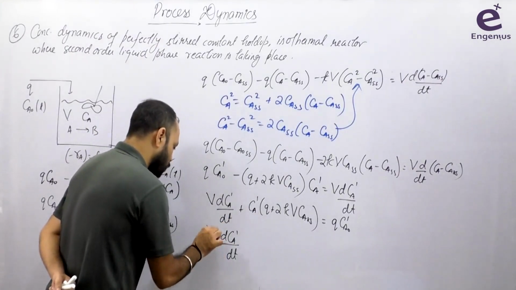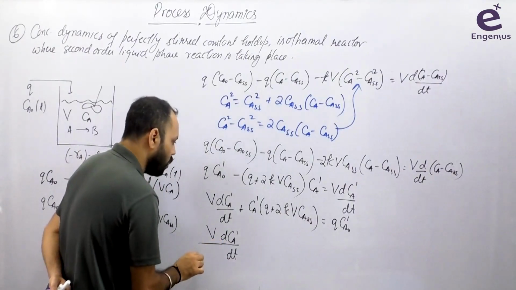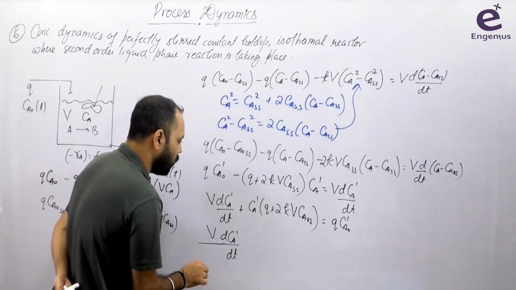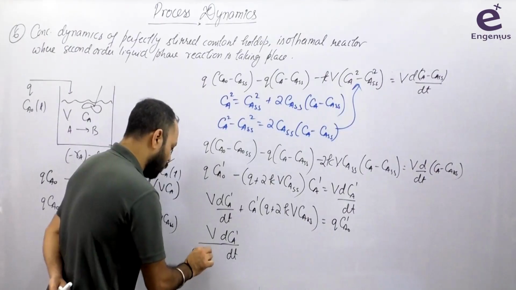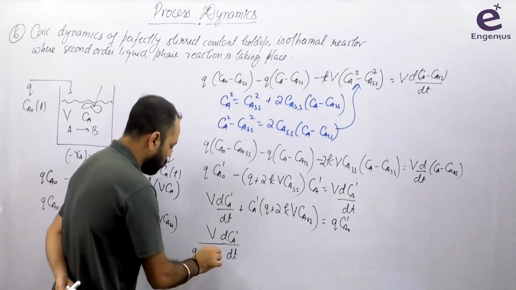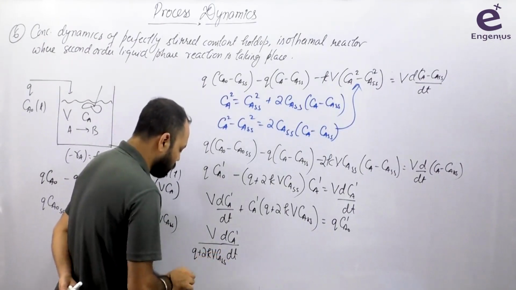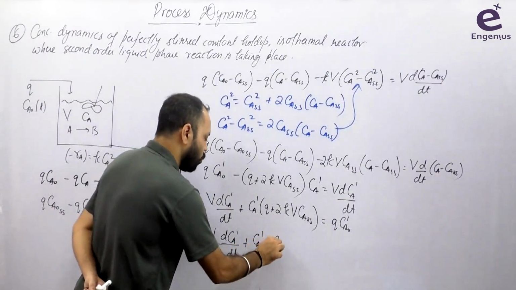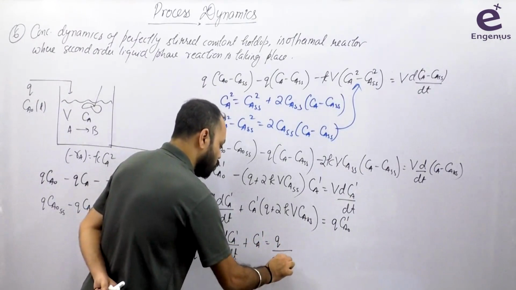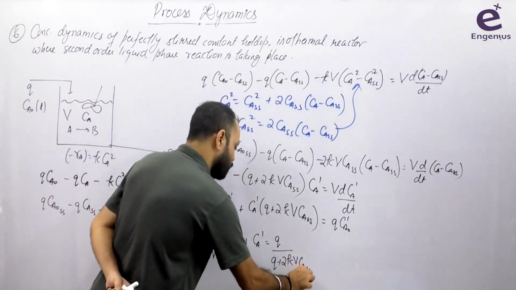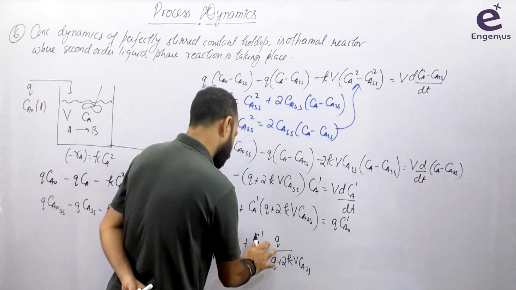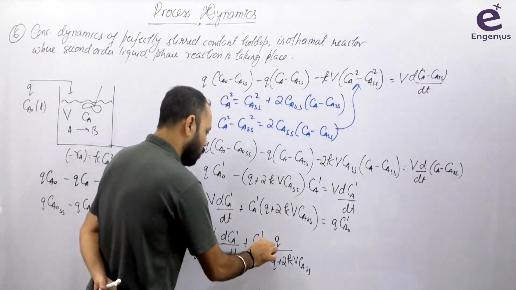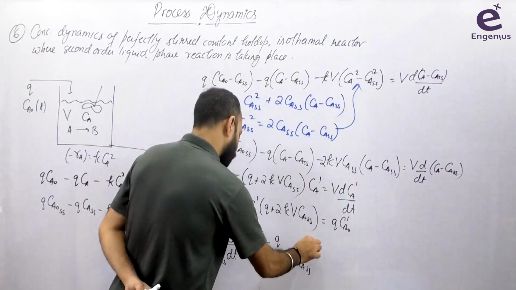V divided by (Q plus 2kV Ca SS) times dCa dash by dt, plus Ca dash is equal to Q divided by (Q plus 2kV Ca SS) multiplied by Ca naught dash. Is it fine?